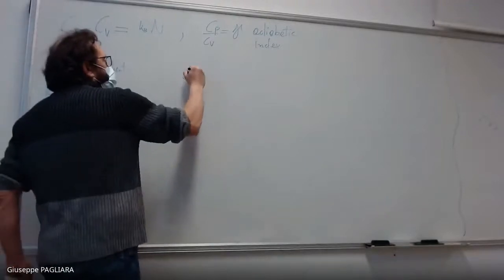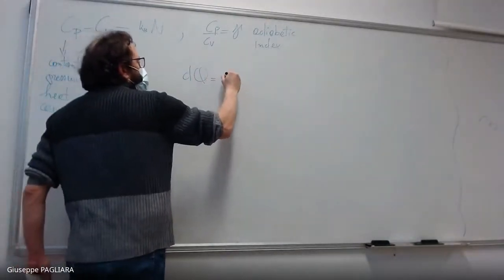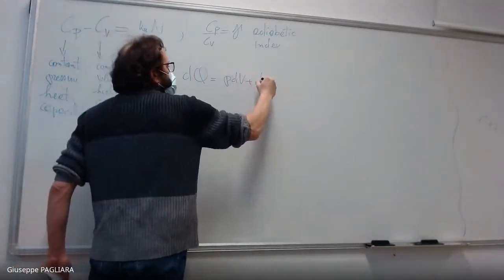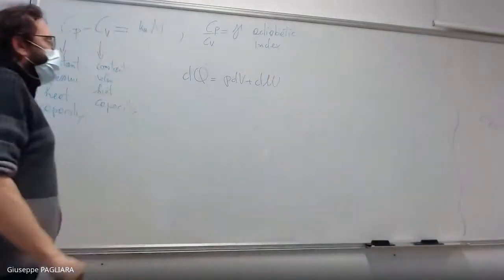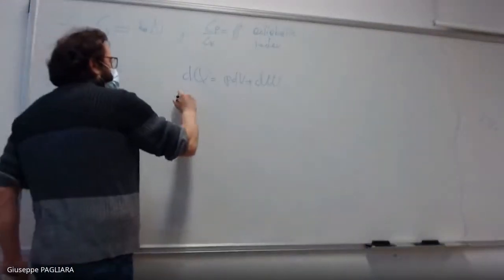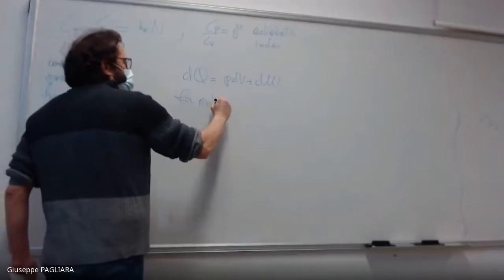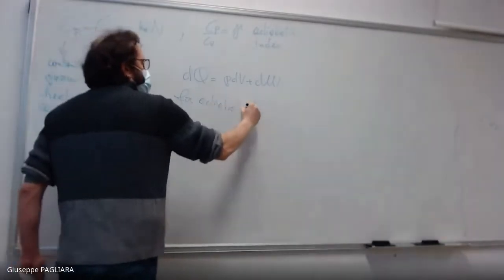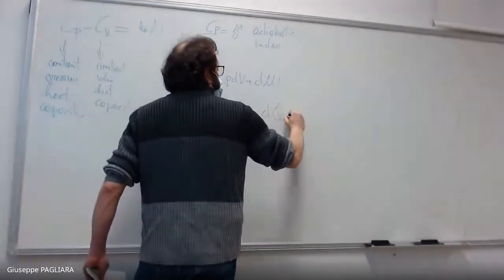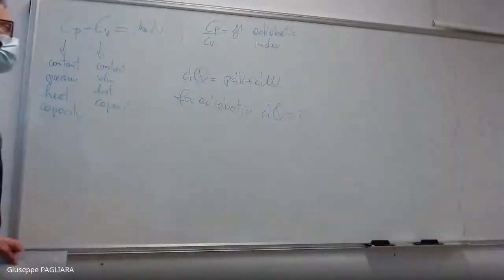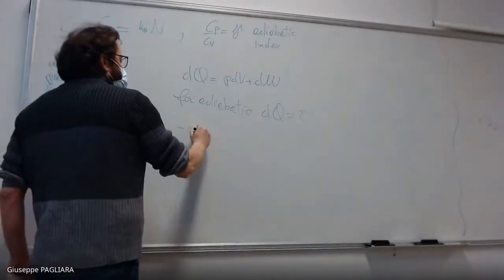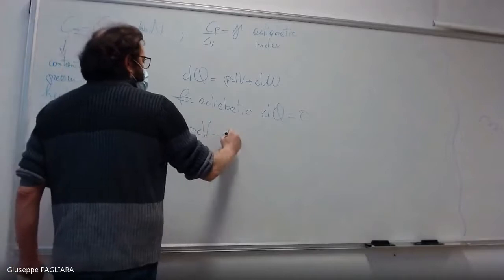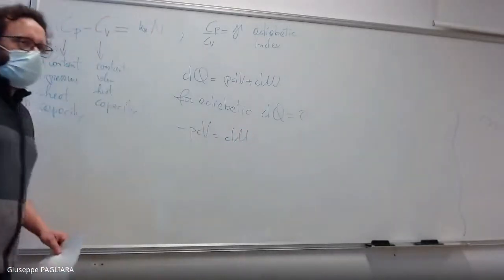Now, in general, we know that dq is equal to pdv plus du, but for adiabatic, now dq is equal to 0, and therefore, I get that minus PdV is equal to du. Okay?